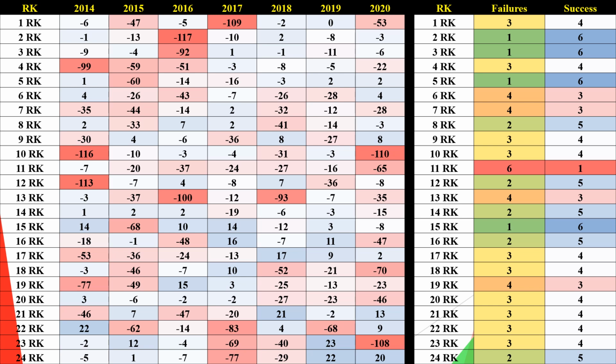But I think if you look down, for the most part, you're fairly okay to look at last year's rankings. I mean, you're getting over half successes using those rankings. If you look at failures, we have 1, 2, 3, 4, 5. So 5 out of the 24 were below average on success using last year's rankings.